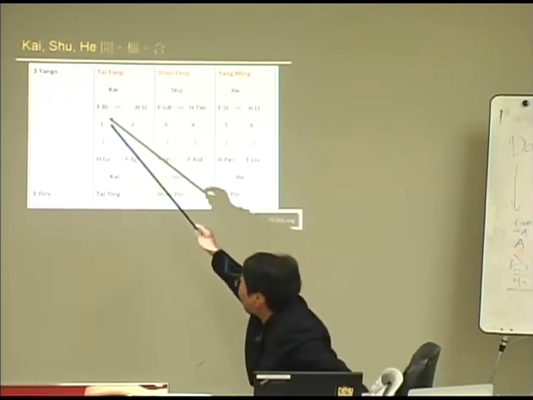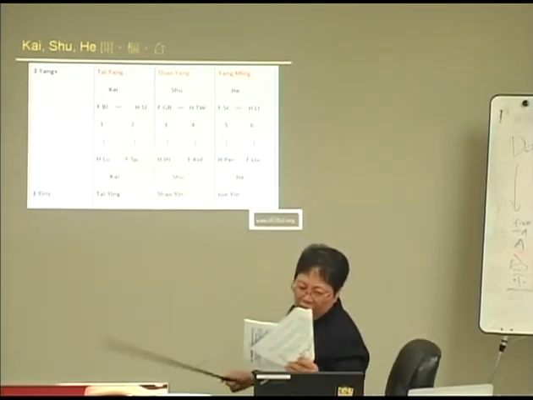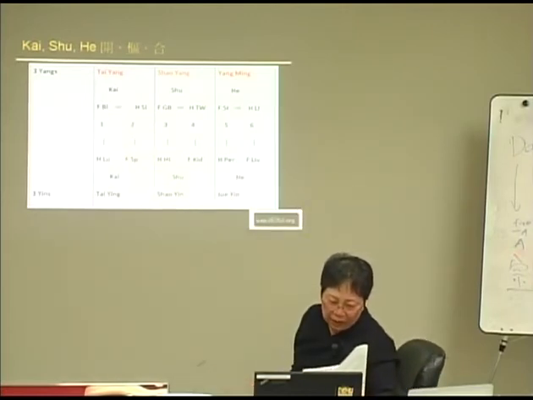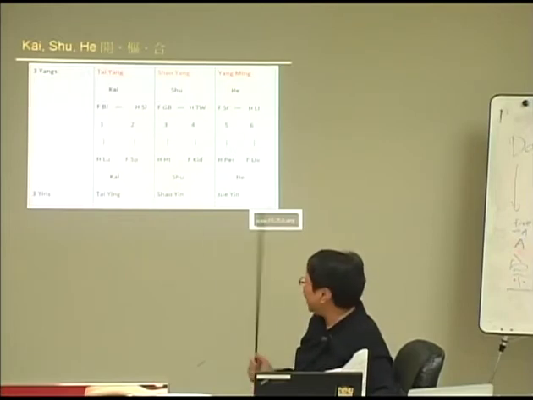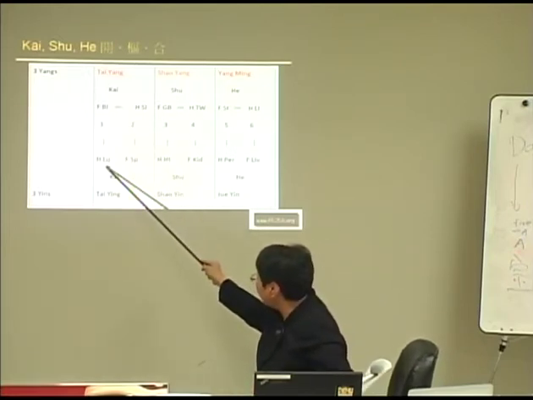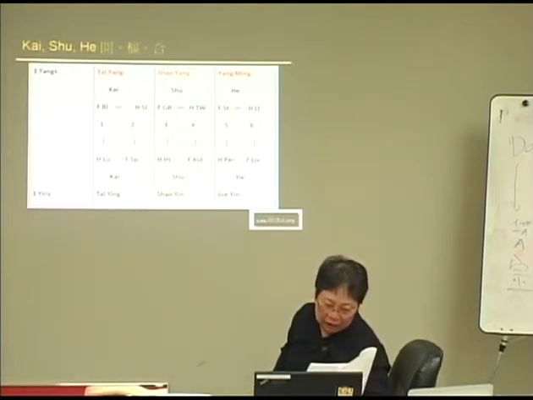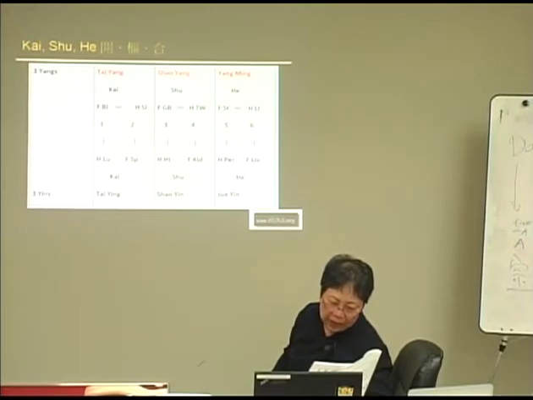The vertical relation: both 腹太阳 and 黑太阴 are 开.